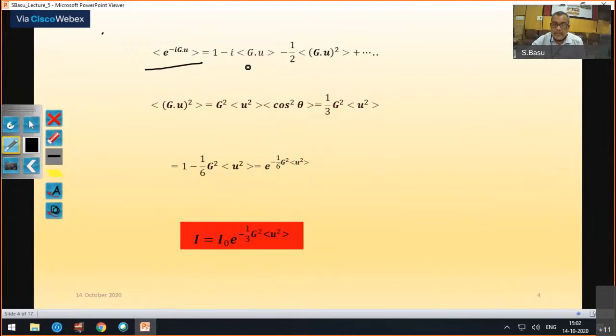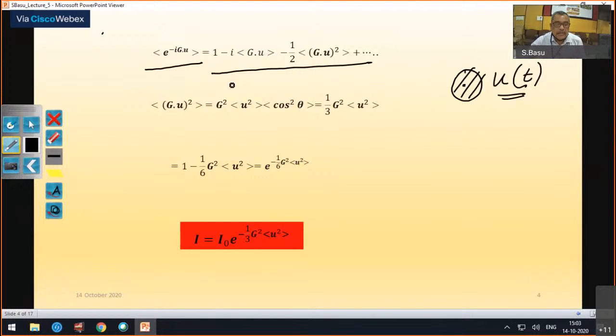The thermal averaging is needed basically because this is a fixed lattice point, but due to thermal motion, there is vibration around it. u(t) is this magnitude, and I expanded the exponential term like this, in which I wrote 1 plus x plus x square by factorial 2. x is minus i g dot u, so it is minus i g dot u, minus half of g dot u square.